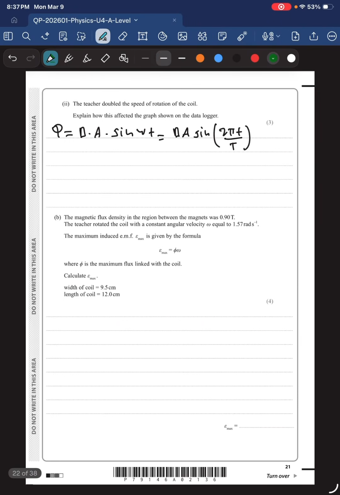All right, so now B. The magnetic flux density in the region between the magnets was 0.9 teslas. The teacher rotated the coil with a constant angular velocity omega equal to 1.57 radians per second. The maximum induced E max is given by the formula phi omega, where phi is the maximum flux linked with the coil. Calculate E max. They give you the width and the length of the coil.